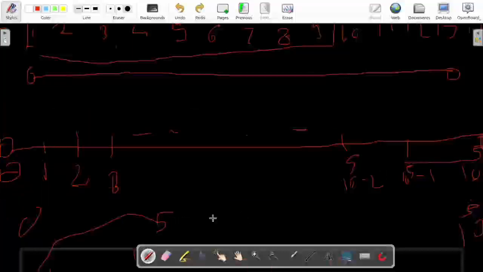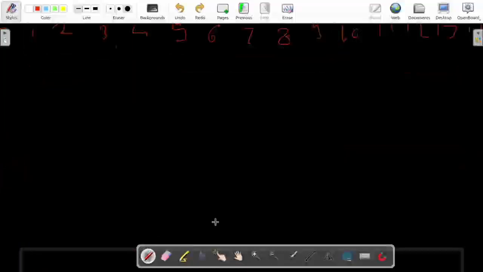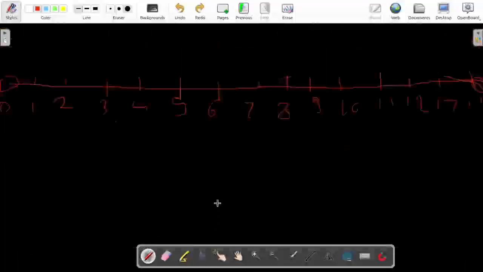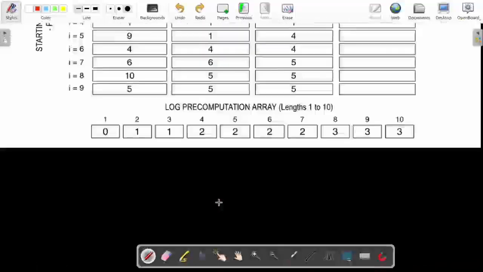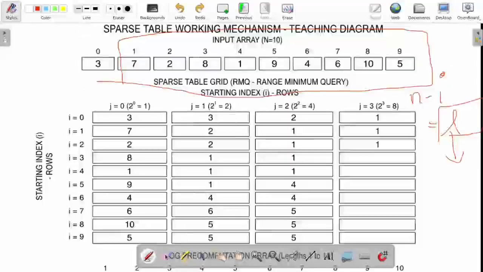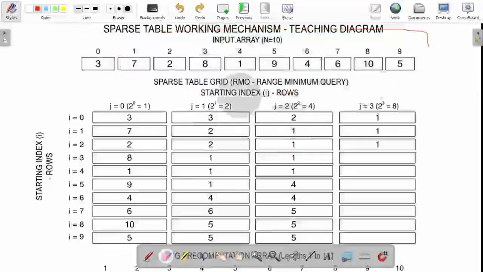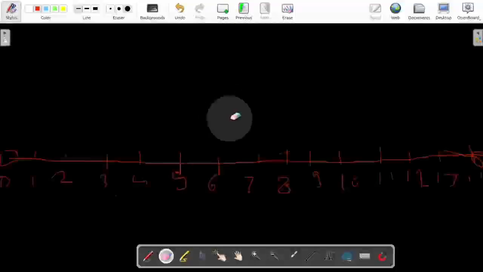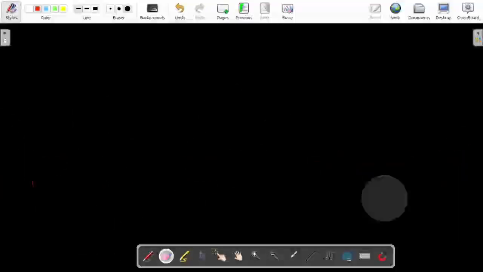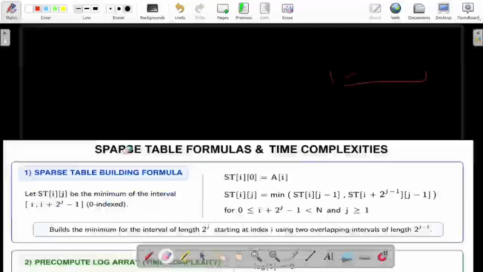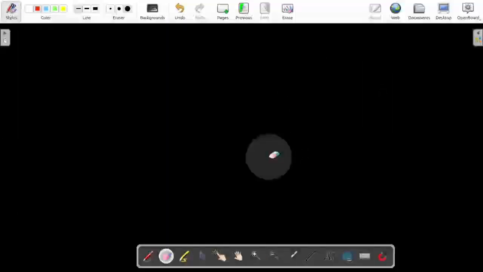Now you are just calculating the answer in big O of 1. So in this way, you can simply calculate the answer in big O of 1. Now we need to discuss only one or two things, then we will move to the implementation part directly.